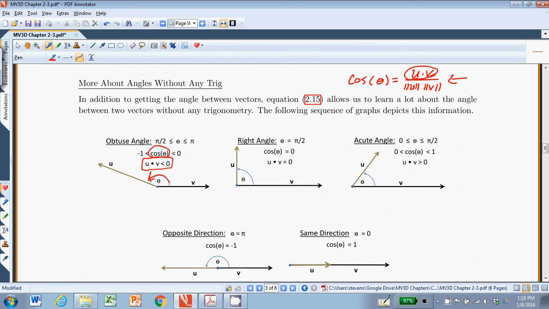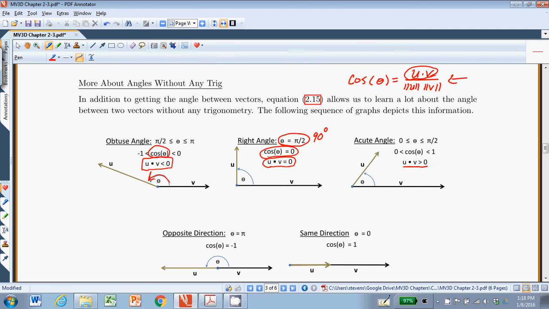So if you take u dot v and it's less than 0, that's bigger than 90 degrees. If you take u dot v and get 0, and this is what we just did on the previous page, that means the cosine of the angle between them is 0, and the actual angle between them is pi over 2, or 90 degrees. In other words, they are perpendicular, or orthogonal.